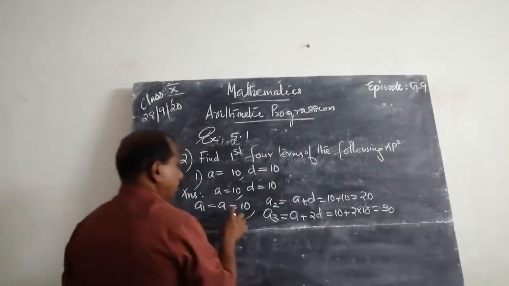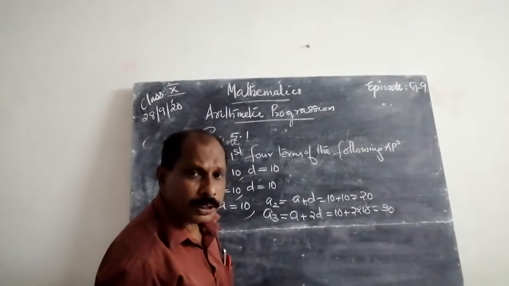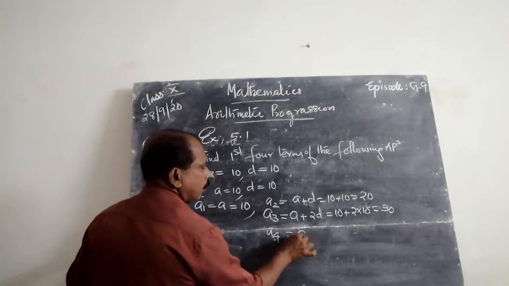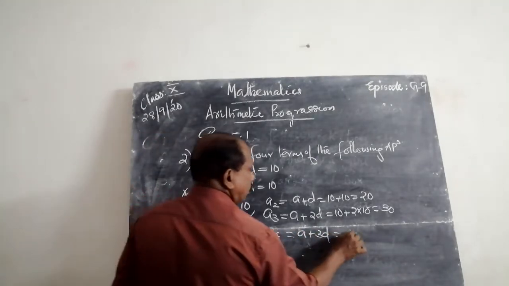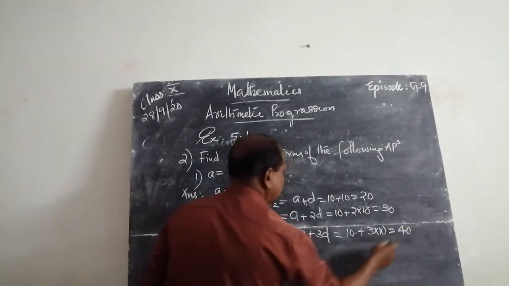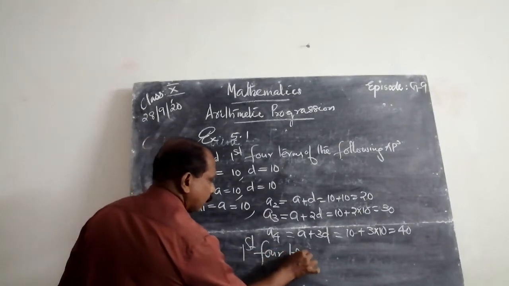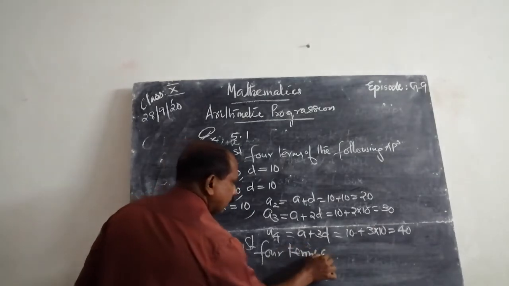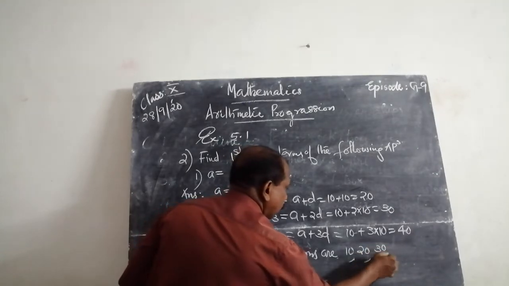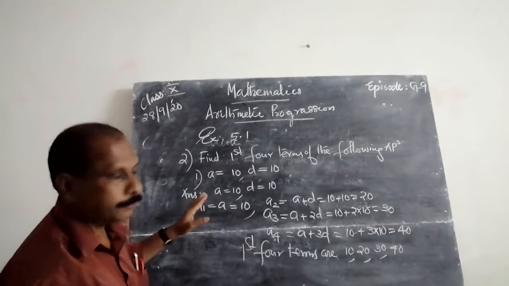That means first term is 10, second term is 20, third term is 30. Then A4 is equal to A plus 3D is equal to 10 plus 3 into 10, that is 10 plus 30, that is 40. Therefore, first 4 terms are 10, 20, 30 and 40. This is the answer for that question. Clear?